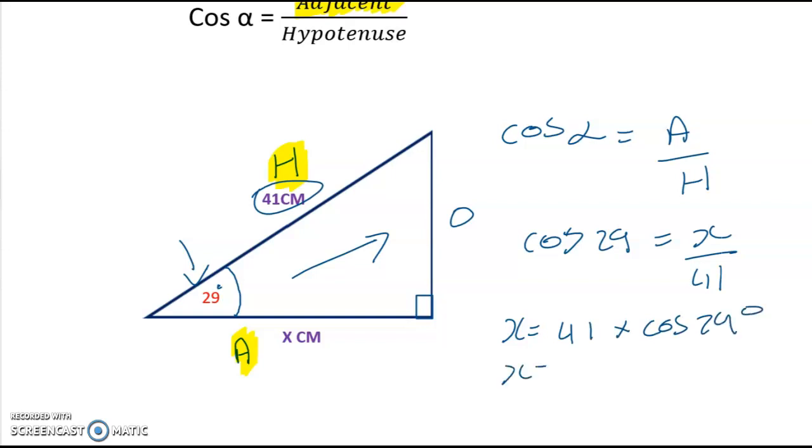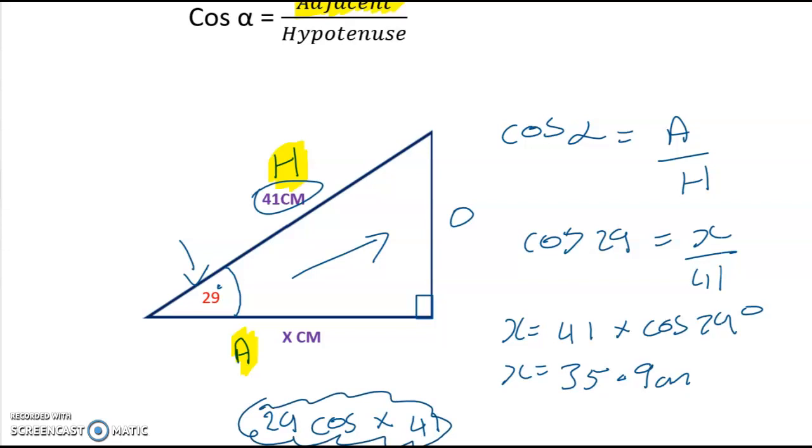So in your calculator, you're typing 41 times cos 29, then equals, which is 35.9 centimetres. Now remember, if you're doing this on your mobile phone, turn it sideways to get your scientific calculator, and you'll need to do 29, then press the cos button, and then multiply your answer by 41. Okay, and that's you doing it on a mobile phone.